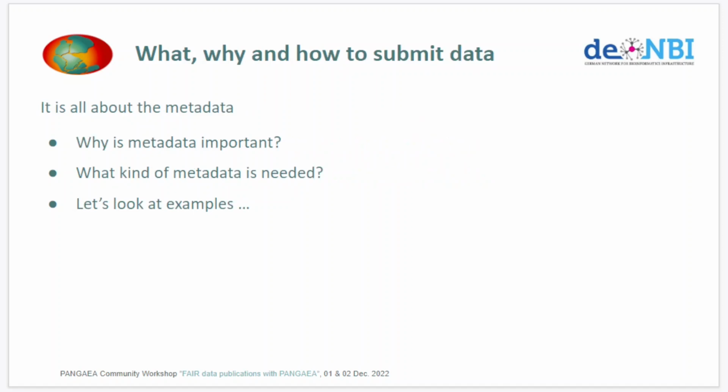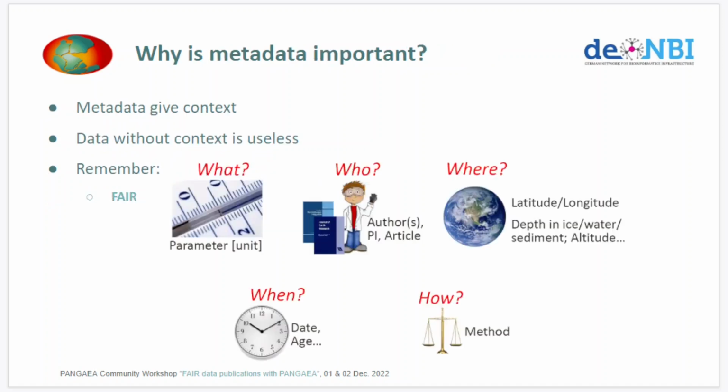What, why, and how to submit data. So it's basically all about the metadata. So why is the metadata so important? What kind of metadata is needed? Well, the answers vary. It all depends on the dataset, so therefore we are going to look at some examples. But first, why is metadata so important?